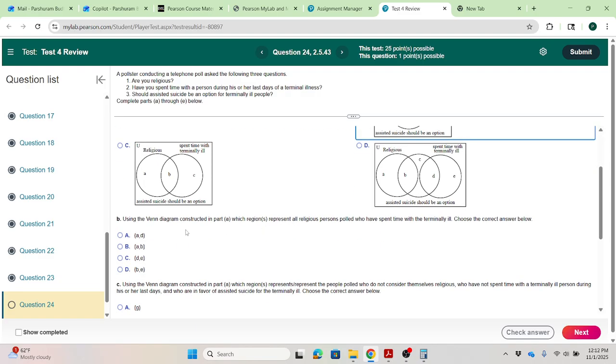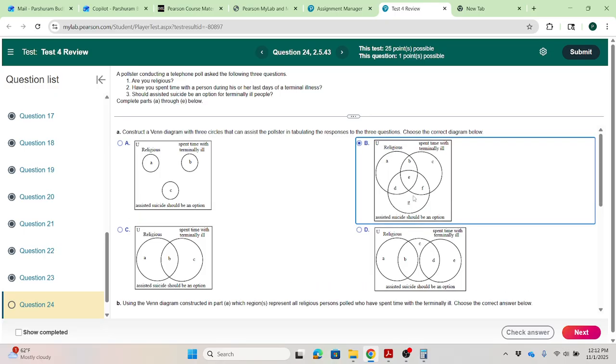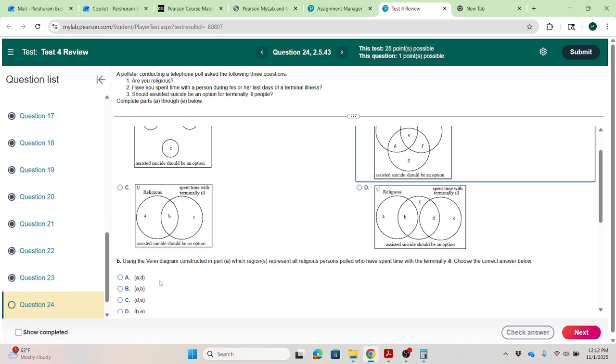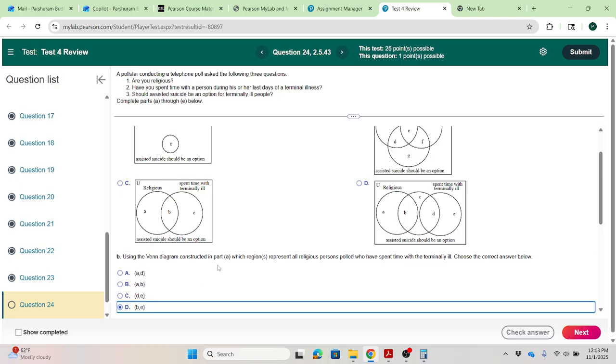Now, using the Venn diagram constructed in part A, which region represents all religious persons polled who have spent time with the terminally ill? So terminally ill is this one, and religious, that is B and E. So how do you write it? BE, BE. So that represents all religious persons polled who have spent time with the terminally ill.